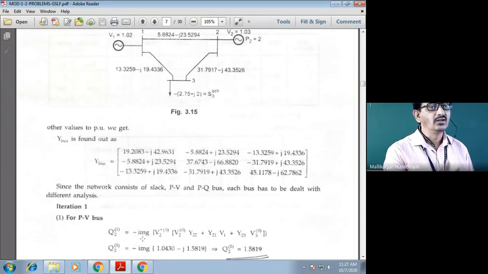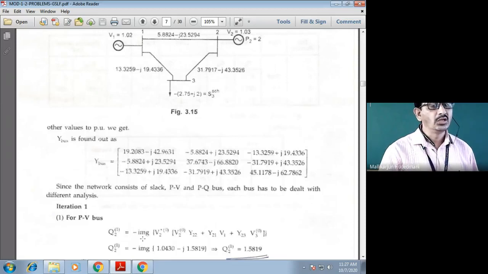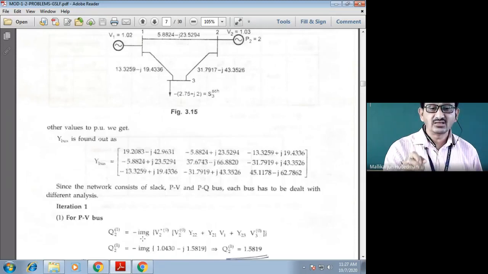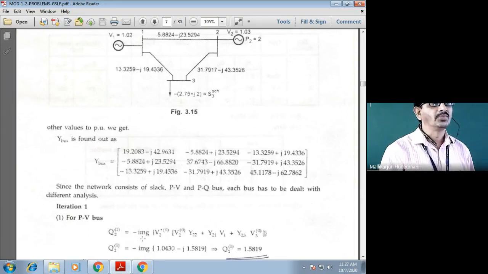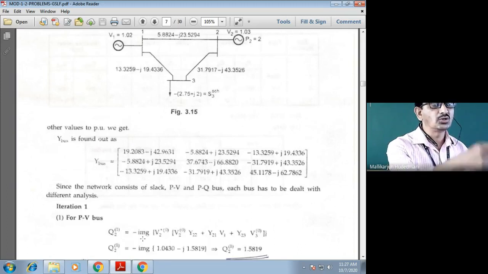I again speak here about how to calculate the complex power, because if I repeatedly pronounce it to you, you might become comfortable with a few calculations, because it is very essential. If you skip and go wrong, I am quite sure the entire problem is wrong. How will I tell you? If you are unable to get Q2 properly, your V2 goes wrong. If V2 goes wrong, your V3 is sure to go wrong.